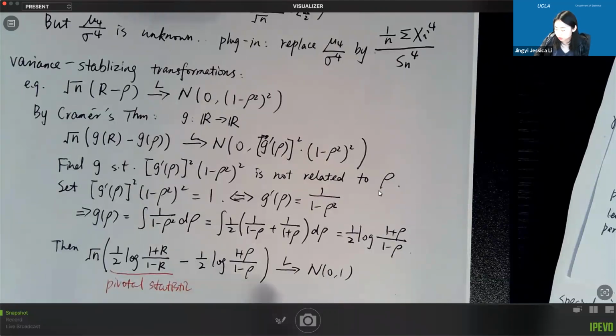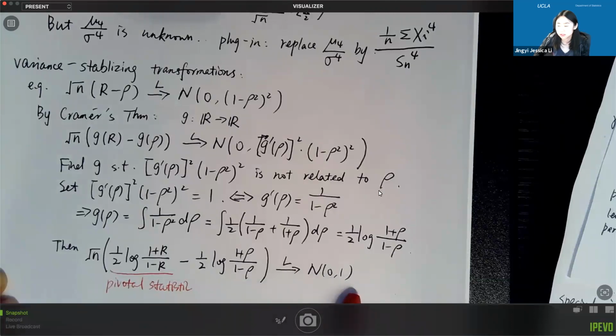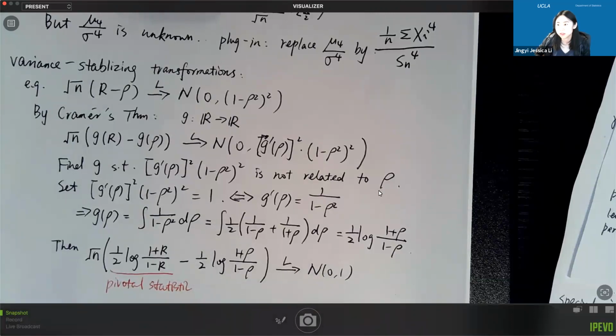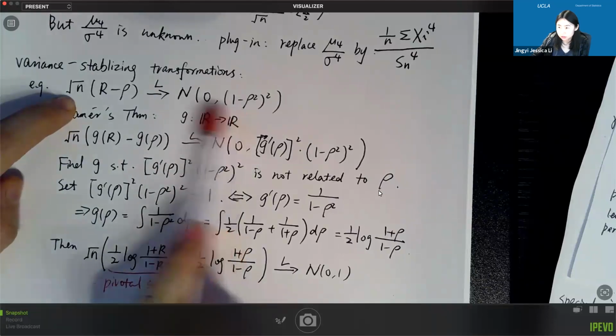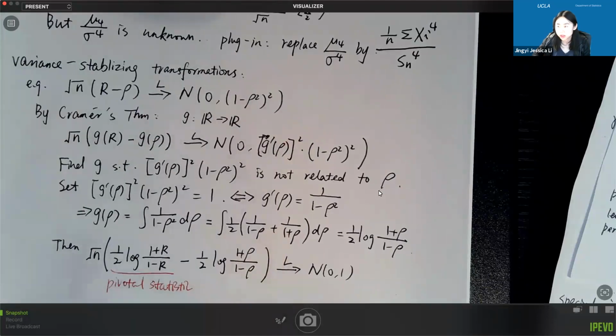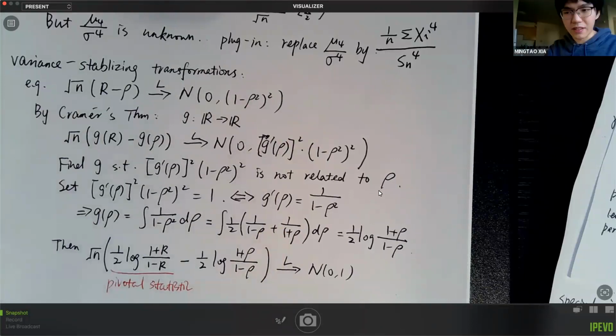So we needed to convert everything to standard normal, so that you can easily look up the table. That's another reason why it was very useful before. But nowadays, you can start from here, construct a confidence interval, and do some manipulation to make the two boundaries not related to rho. You can do that as well. Does that answer your question? Yes, thank you.